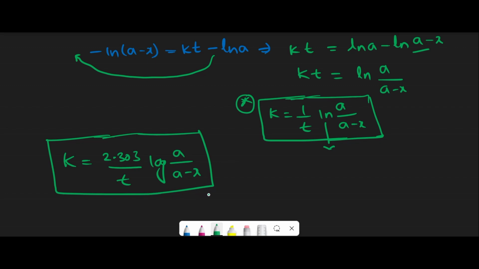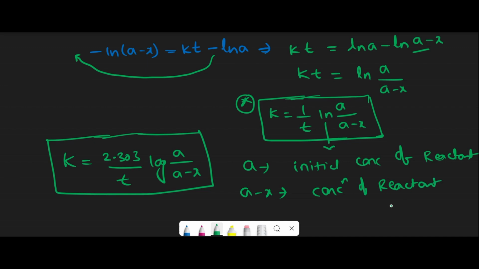Here a is the initial concentration of reactant, and a minus x is the concentration of reactant after some time. Once again, the rate constant for first order reaction is k equal to 2.303 by t log a by a minus x, clear.